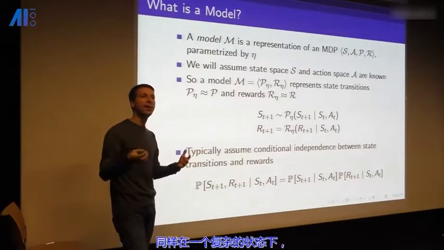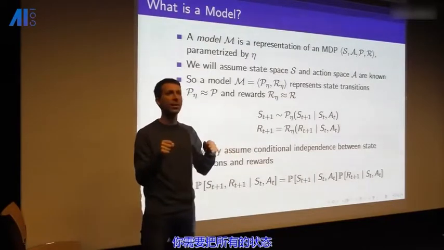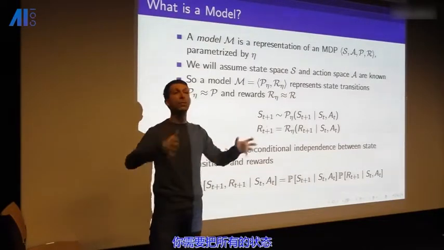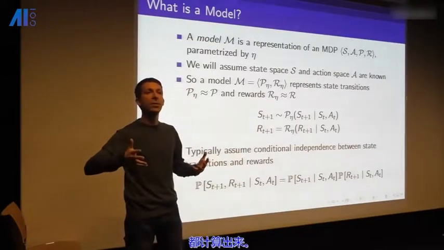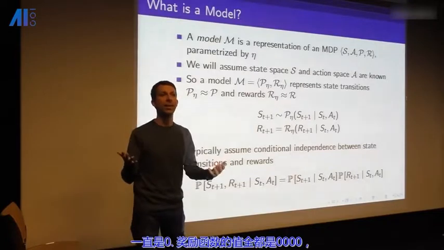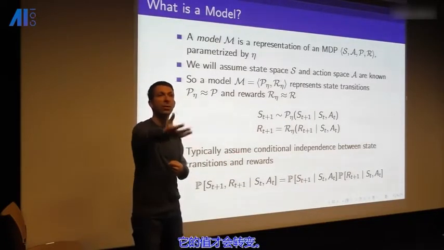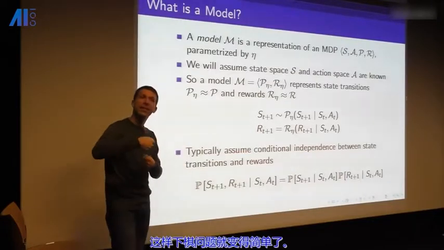You also need to learn, if I'm in some complicated position with all these pieces distributed around the board, and there's still a lot to play for in that position, the reward learning problem is easy because the reward will always be 0 in that situation. The reward function is just 0, 0, 0, 0, 0 until the end of the game, and you either win or lose. So that's an easy learning problem.